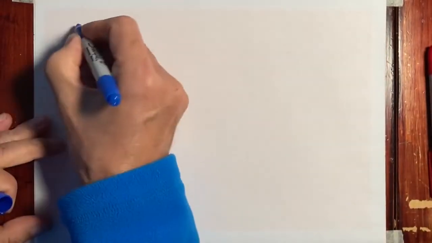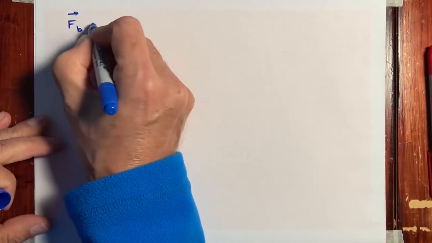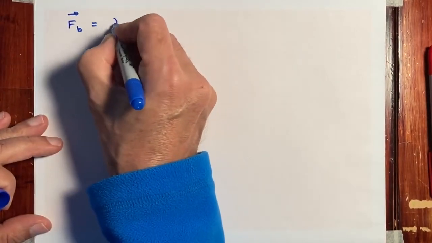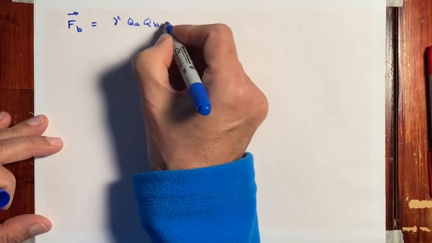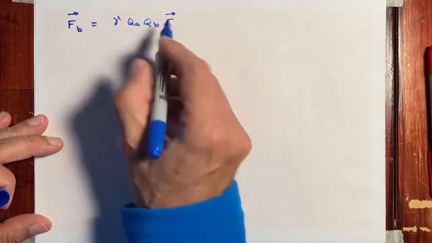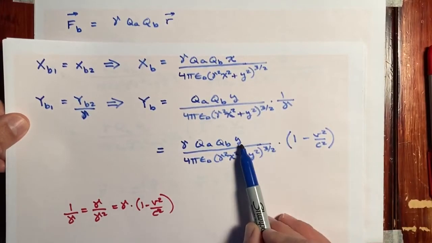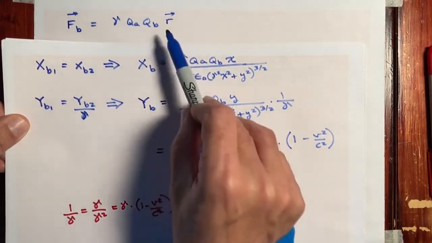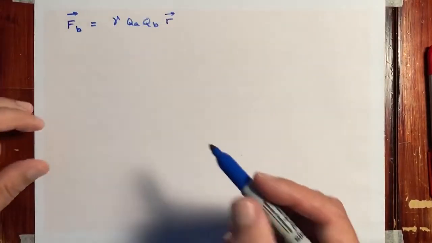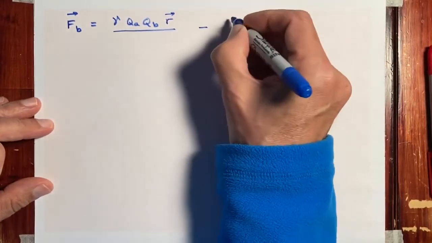Now we're going to go ahead and write the following. We're going to say that f sub b, which now combines both components, is going to be equal to gamma qa qb times the vector r that now has absorbed one of these x's, and this y right here from the y sub b component has been absorbed into this r vector here. And then that is going to be subtracted.